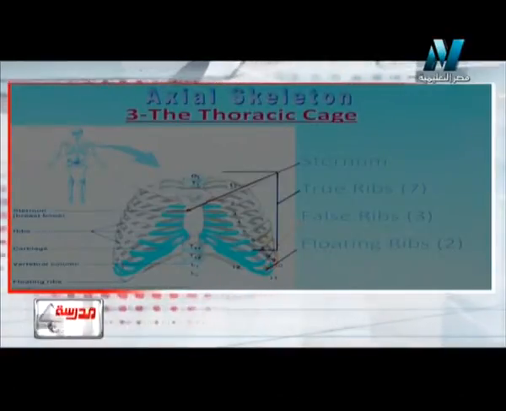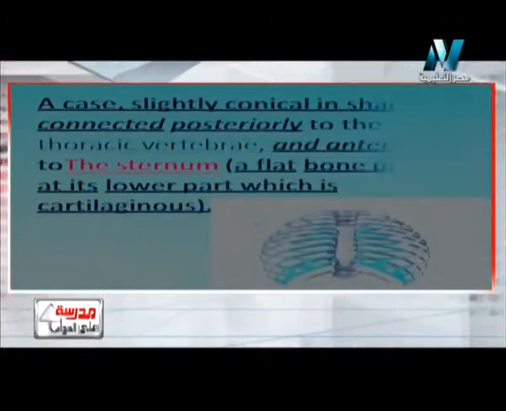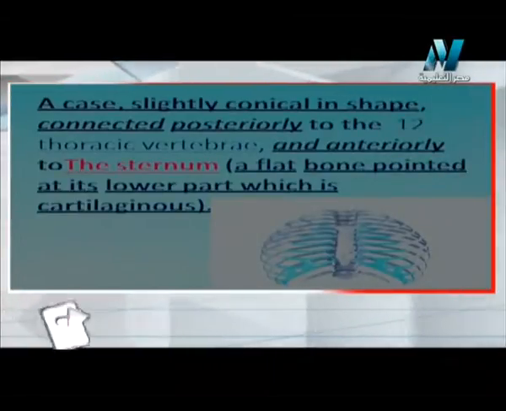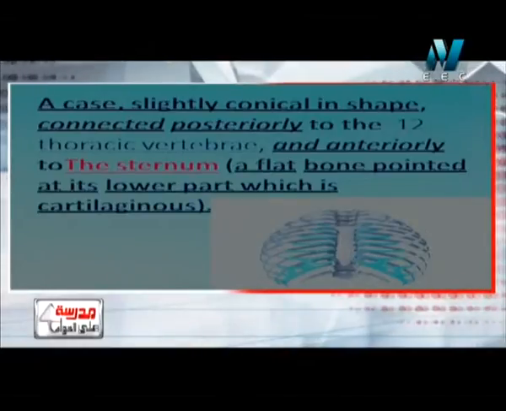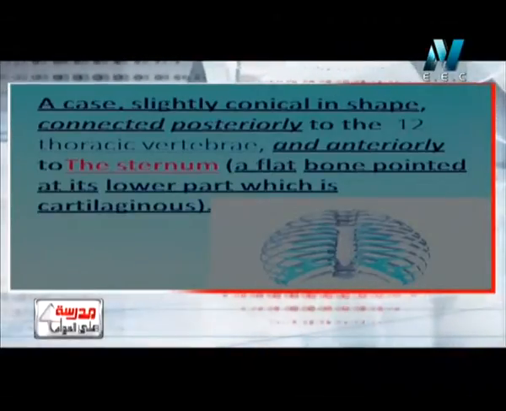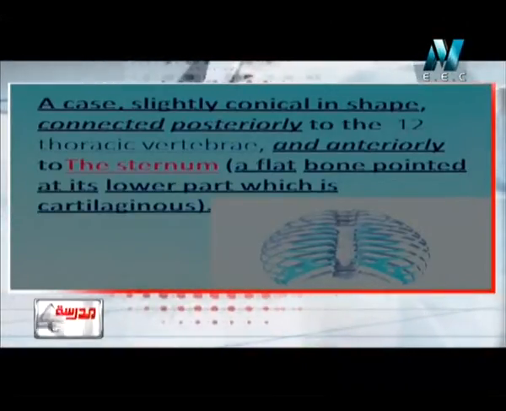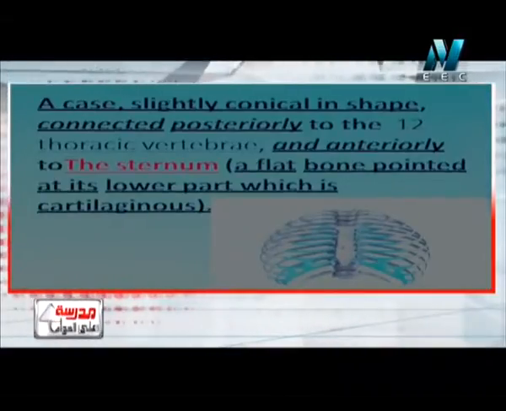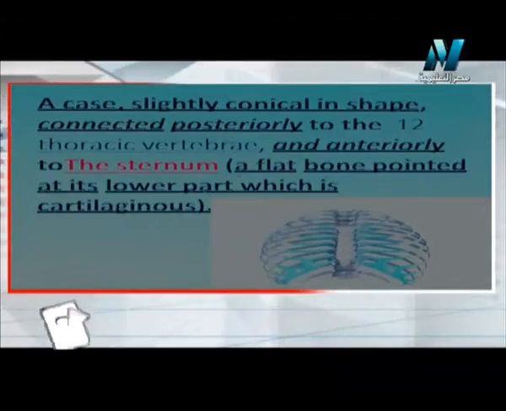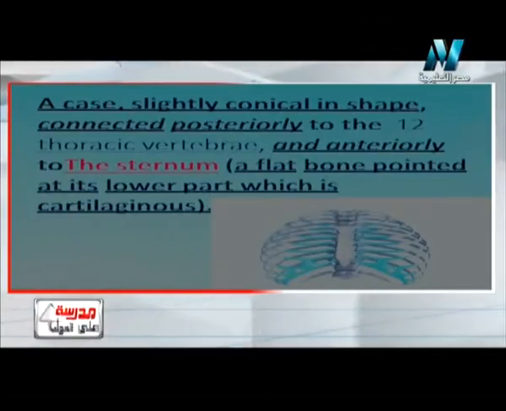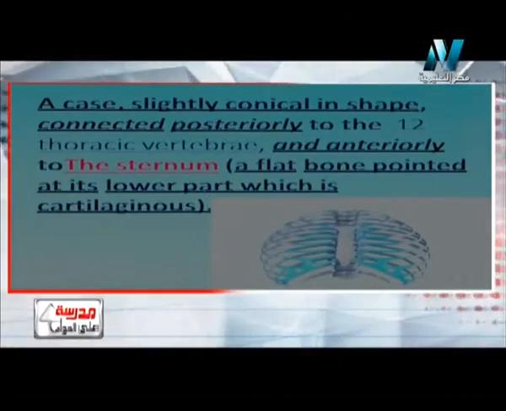This is the ribs of the rib cage. As you look here, it is a slightly conical case in shape, connected posteriorly to the 12 thoracic vertebrae and anteriorly to the sternum. The sternum is a flat pointed bone, and its lower part is cartilaginous.